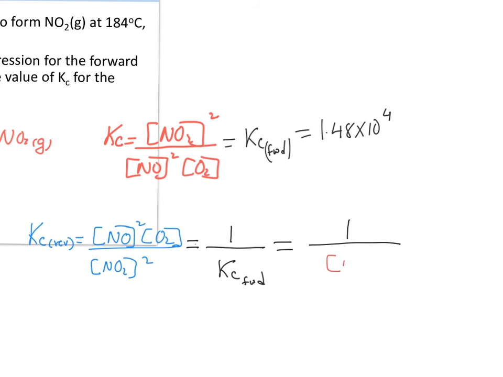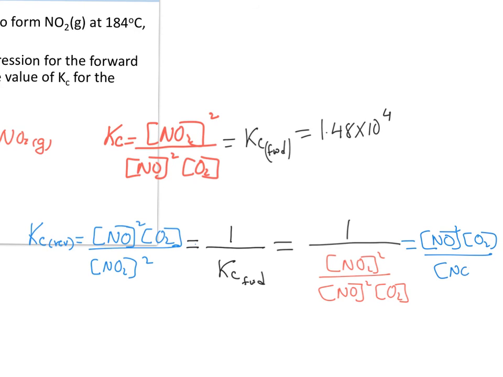So I'm going to just write it down. Okay, and it turns out that we have exactly the same expression, as defined by the direction of the chemical equation. So now let's calculate the real value for this problem.